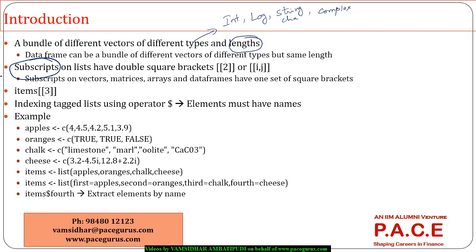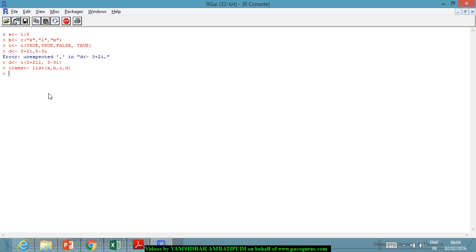Now, if I have to access the second item, which is B of the list, what do I do? I'll say items and use double square bracket. For a list, it's not a single square bracket, I'm using double square bracket. Double square bracket 2 brings out the elements associated with the second item of the list, which is KLM.